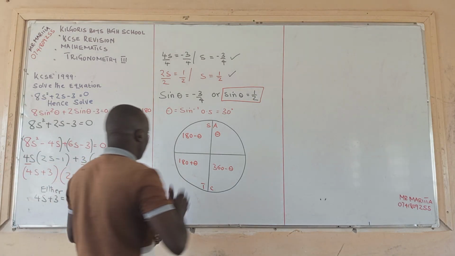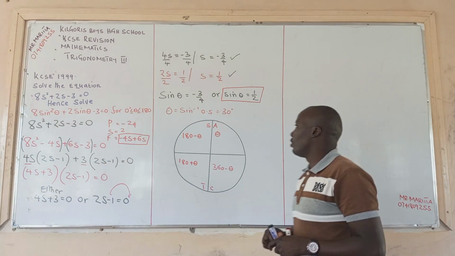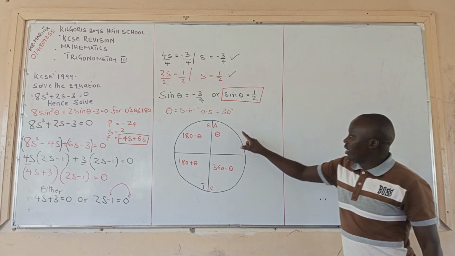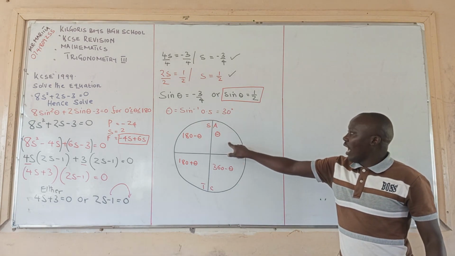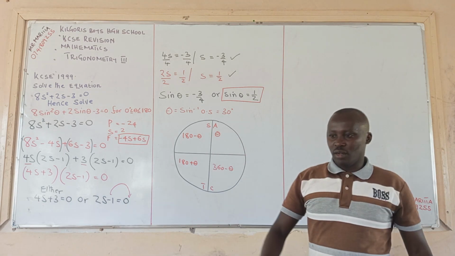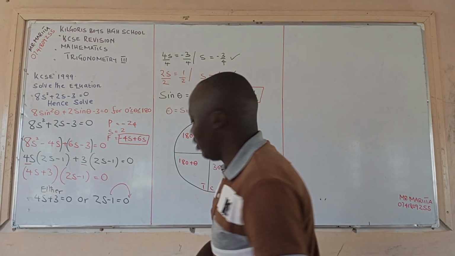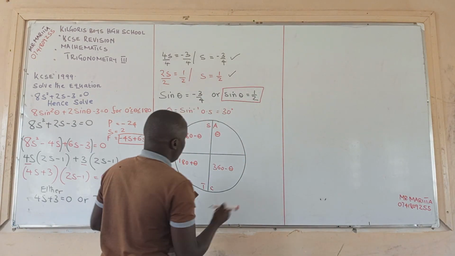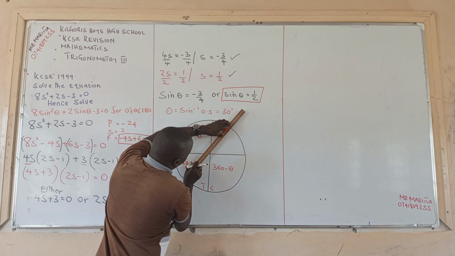So where is the sine being positive? Where can we have our sine being positive? It is in the first quadrant, and the sine is also positive in the second quadrant. So we have the values of theta which are positive.